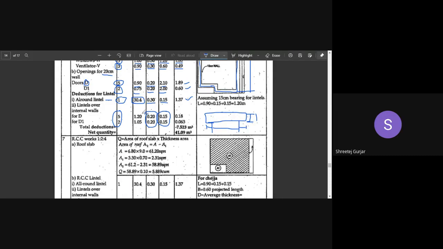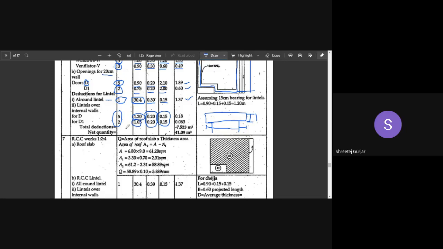So for door D, it is 0.9 meter in length. So 0.9 plus 0.15 plus 0.15, it will be 1.2 meter. So that is your length of lintel. Coming for your door D1, the length is 0.75 plus 0.15 plus 0.15, so it will be 1.05.